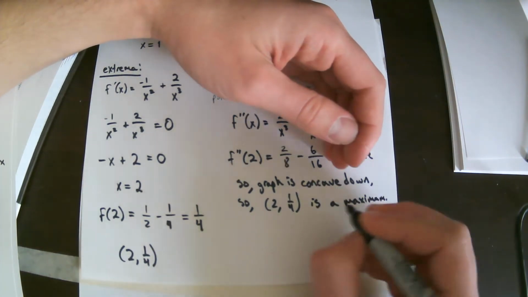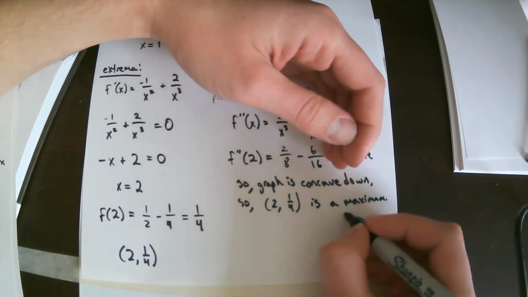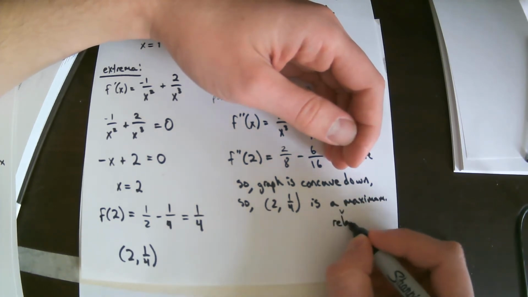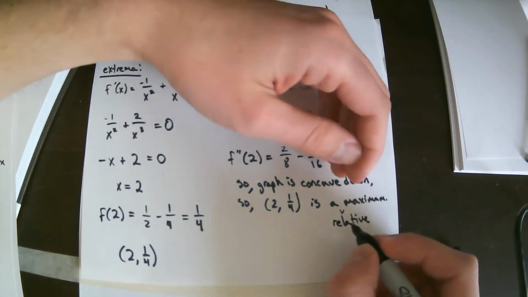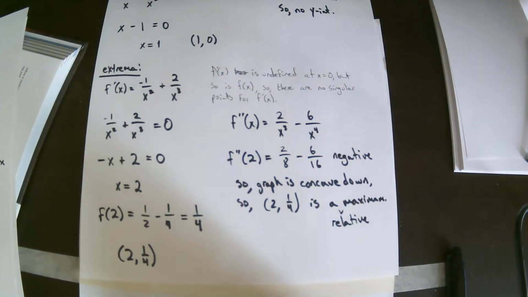We don't know, well, no, sorry, it should be a relative maximum. Maybe it'll end up being absolute, maybe it'll end up being the absolute maximum for this graph, but I don't think so. I think we're going to have this function blowing up to infinity at one point. Oh wait, maybe not.